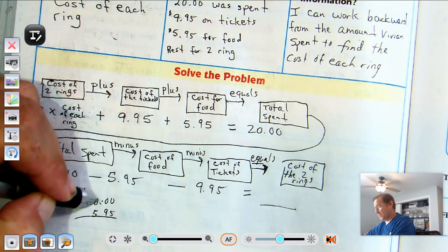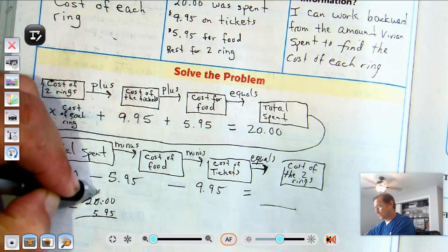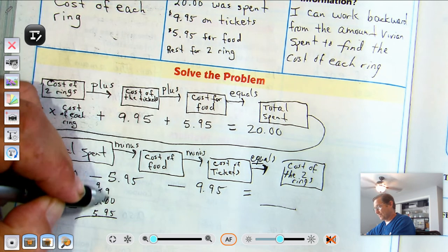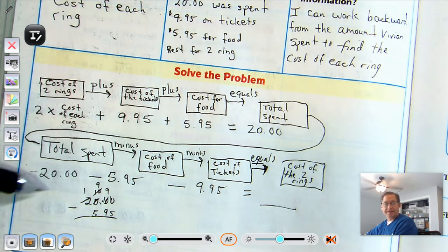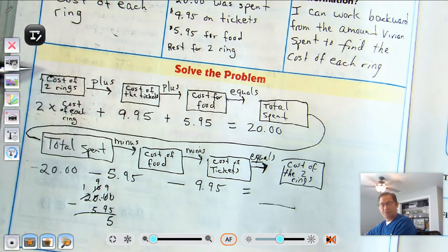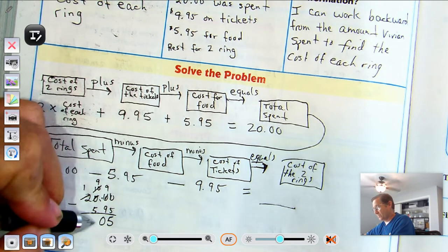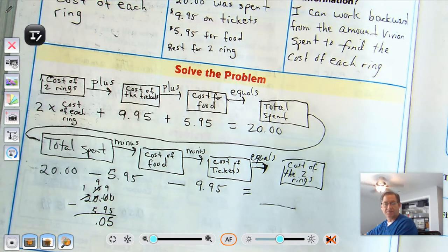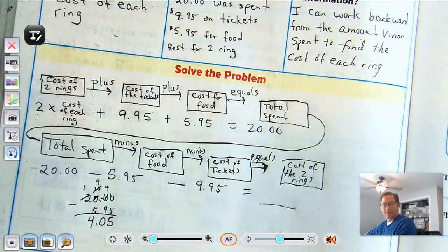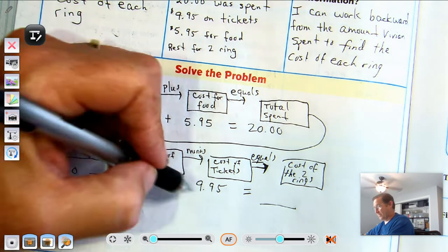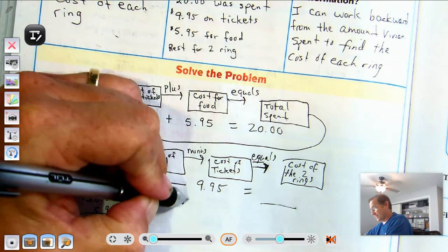So we're going to have to borrow from the tens and work our way to the hundredths. 10 take away 5 hundredths is 5 hundredths. 9 tenths take away 9 tenths is 0 tenths. 9 ones take away 5 ones is 4 ones. And 1 ten take away nothing is 1 ten. So we're at 14.05, and now we have to take away the cost of the tickets.